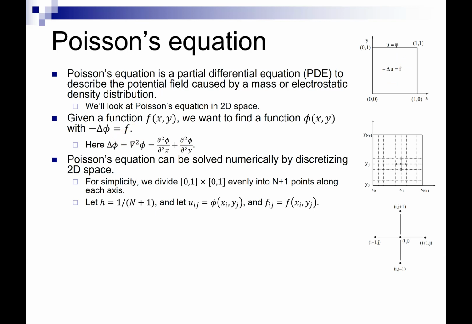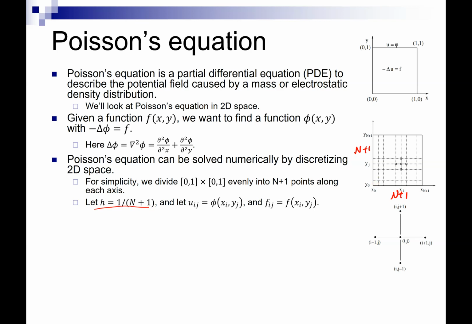The way we can do this is to discretize the space. Initially it's a continuous space, but we're going to split it into an n plus 1 by n plus 1 grid. So there are n plus 1 points over here, and n plus 1 points over here, for some n. Then h is the size of each of these little squares that you form, so h is basically 1 divided by n plus 1.